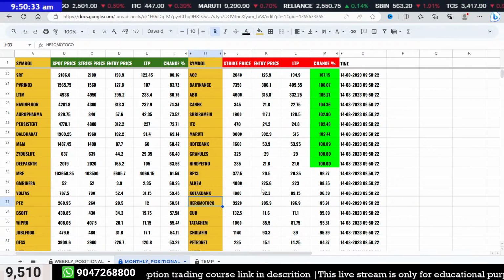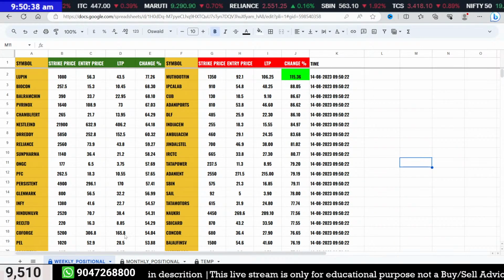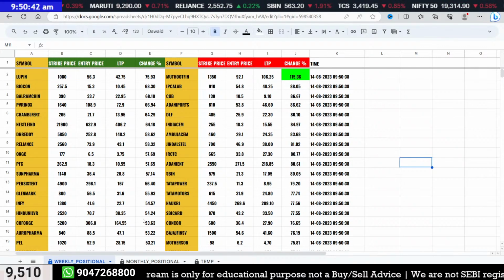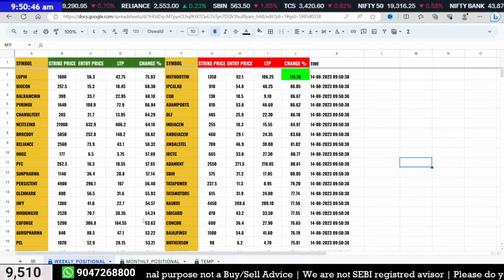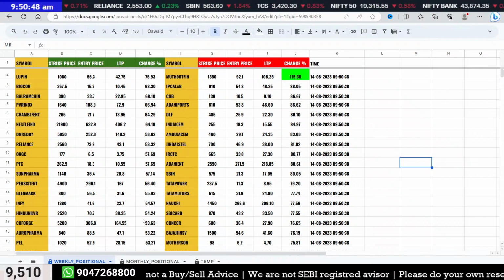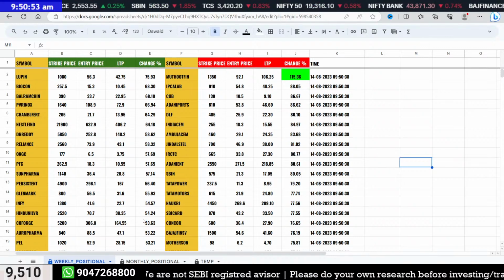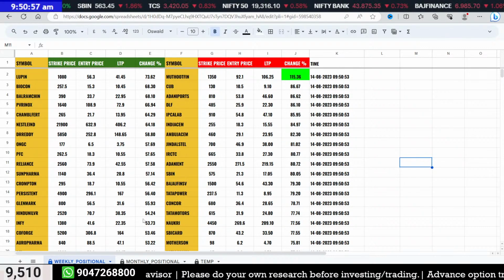It's about a monthly positioning. But I think the 130 put option on City Union Bank is looking good and trading well instead of 132.5, because volume is good on 130.